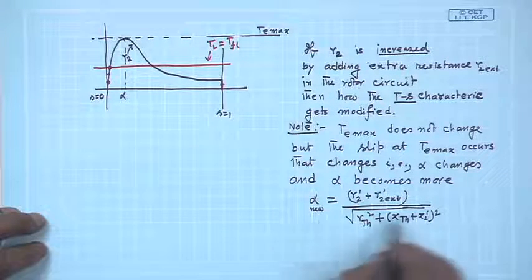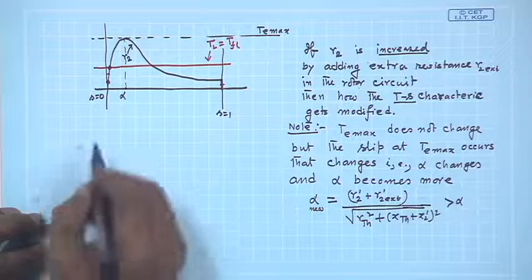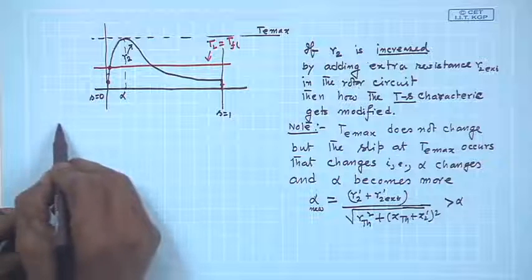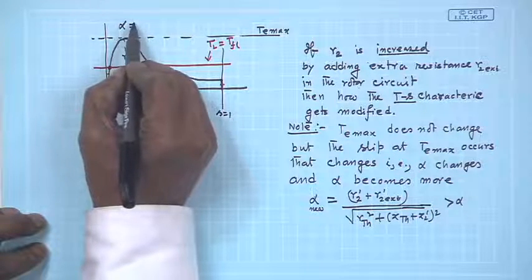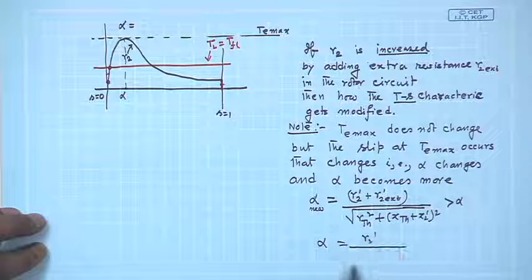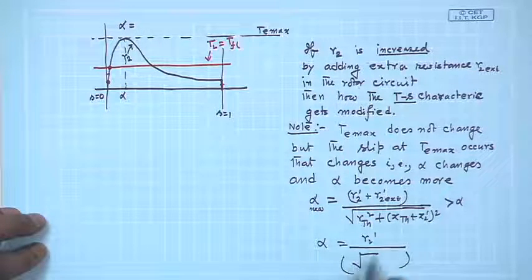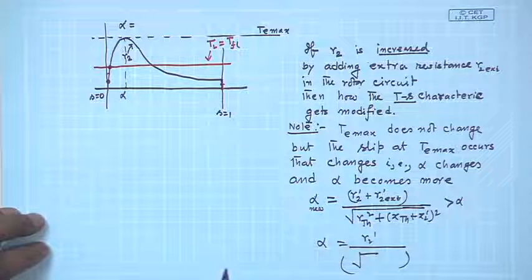And this will be greater than alpha. What was alpha earlier? Alpha was simply R2 dashed by the same square root, but only the numerator was R2 dashed.